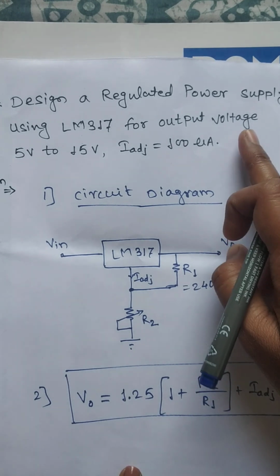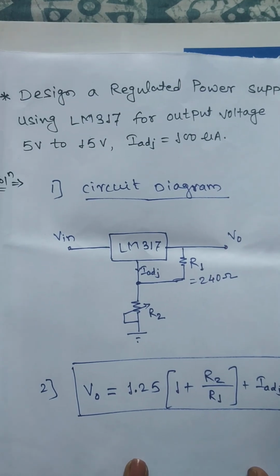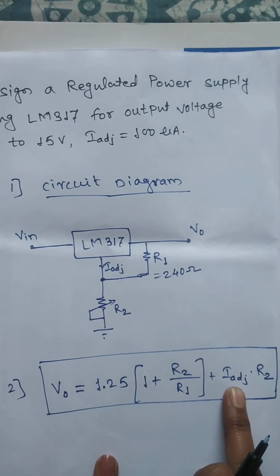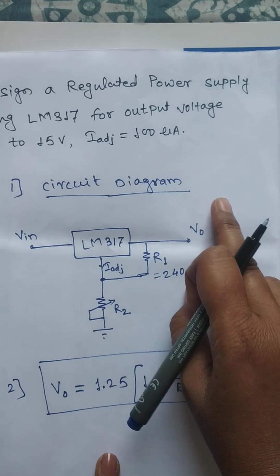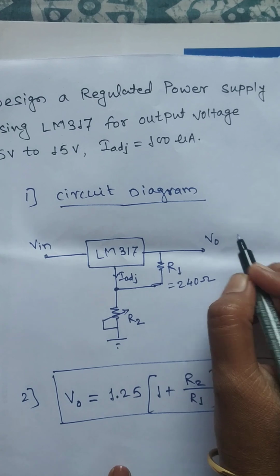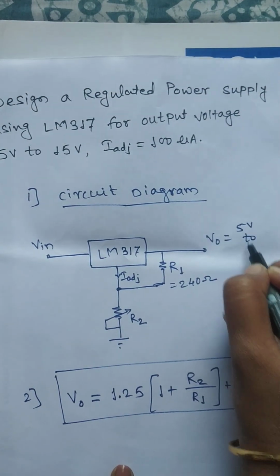Now let us see which are the given things and what needs to be solved. First, adjustable current is given as 100 microampere and output voltage range is given as 5 volt to 15 volt. Means the output voltage must vary from 5 volt to 15 volt.